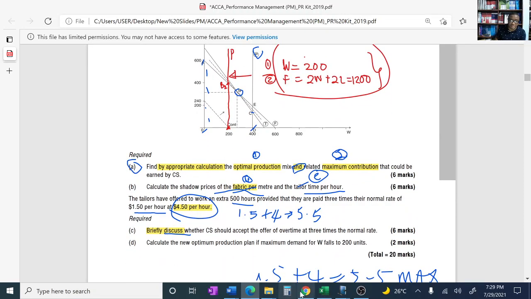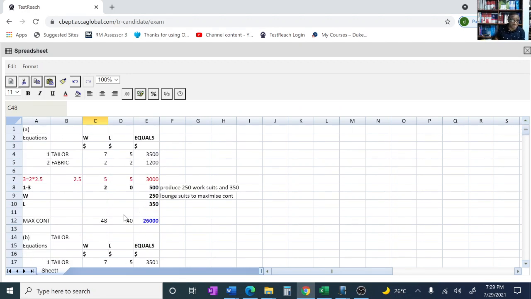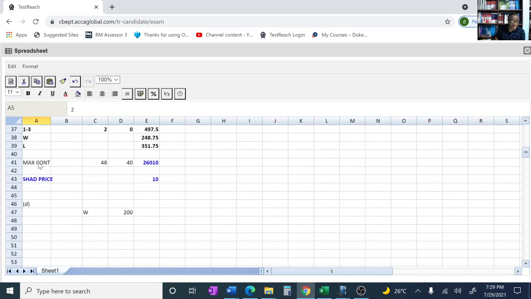Yes, I can literally just go back and say, okay, I have this. There is an equation here, which is the tailor's time or the fabric time. So why not? I can literally just pick that and bring that here.